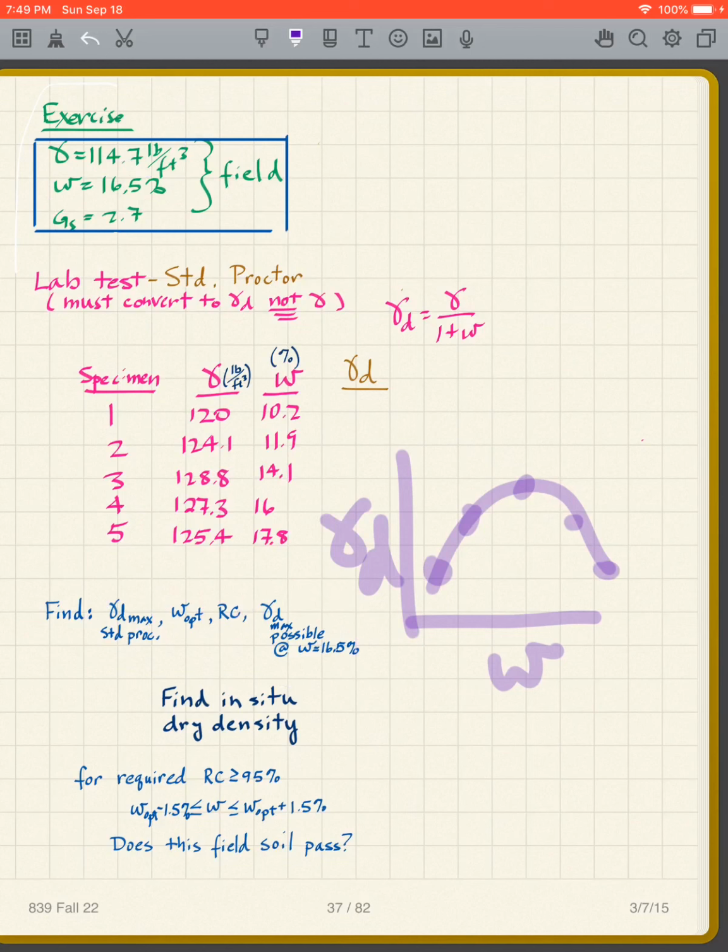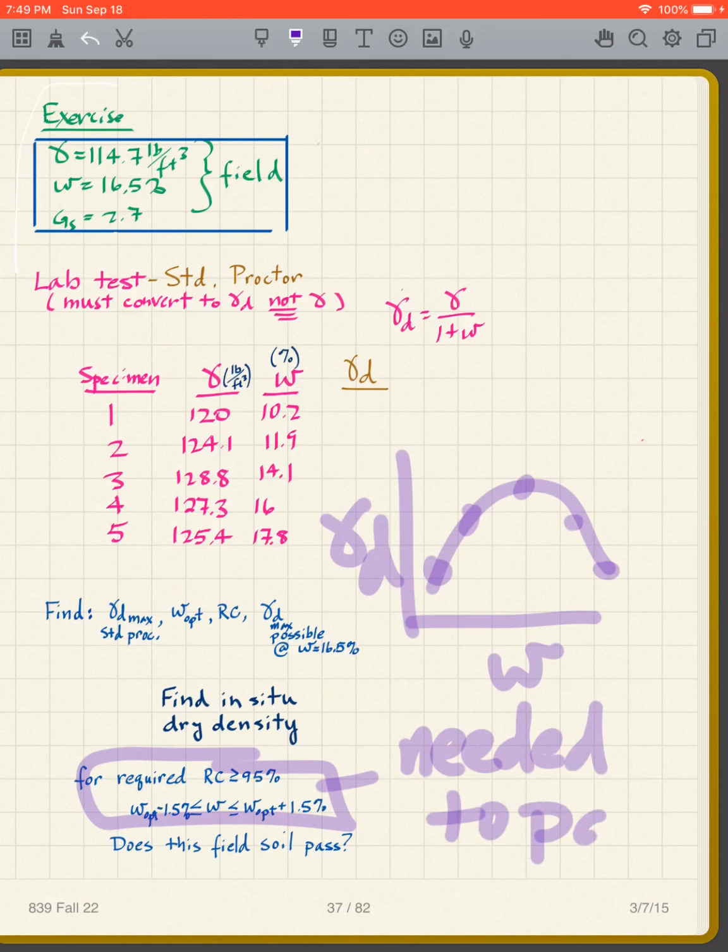The requirement is that we want 95% relative compaction in the field, and we want the water content in the field to be between the optimum plus 1.5% and the optimum minus 1.5%. This is required for passing, needed to pass. And I want you to figure out whether or not our soil in the field passes.